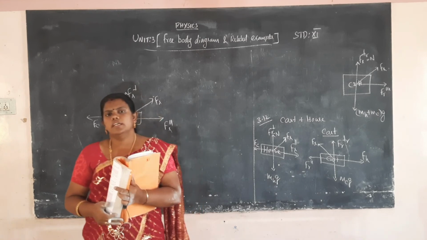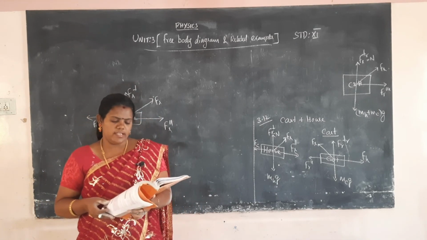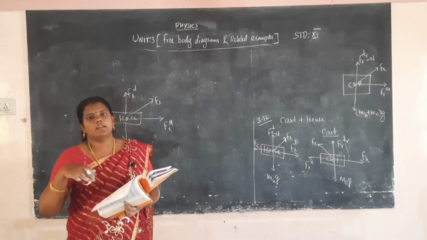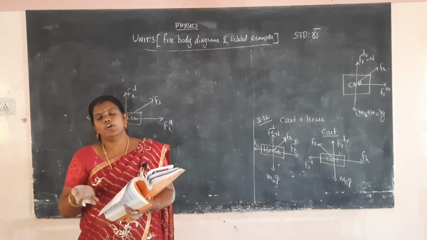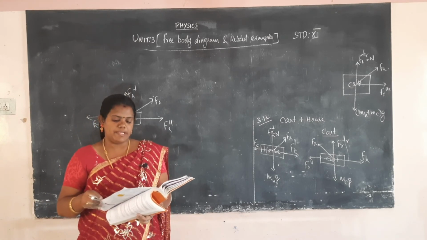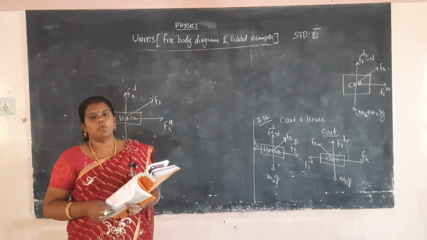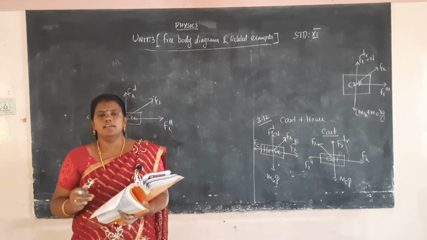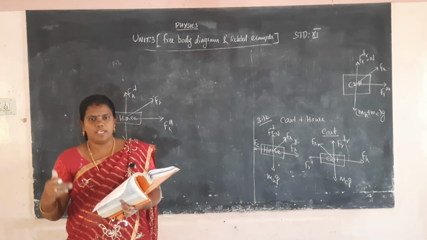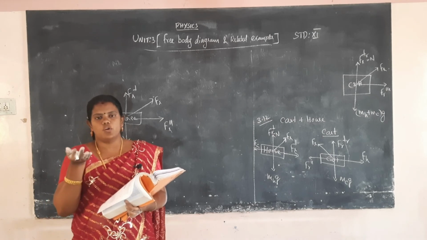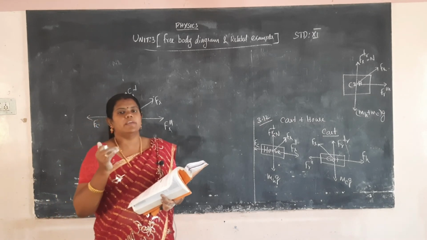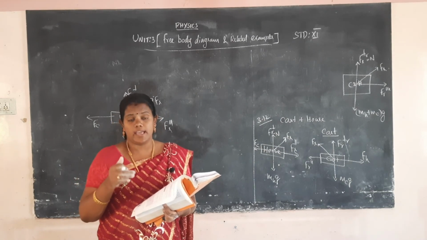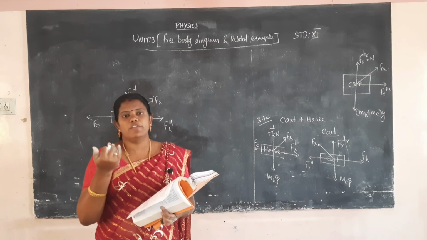Okay, then example 3.9 means one object rests on a floor, the object gives a downward force, and the floor gives an upward force, that is explained. And then example 3.11, A, B, C, three blocks. A applies a force on B, B gives the opposite force on A, and B gives a downward force on C, and C gives an upward force on B, and again block A gives a force on B also.